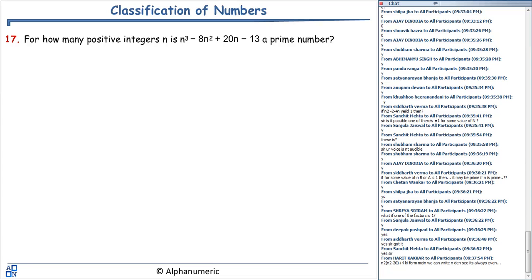Yes, Harith, you can do that also. Try to solve question number 17, all of you.